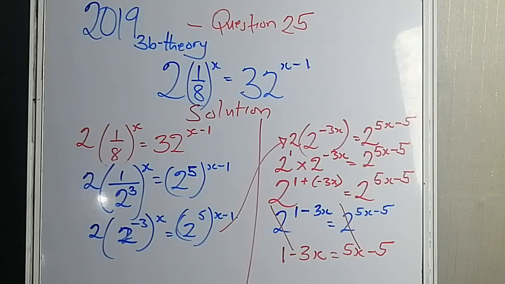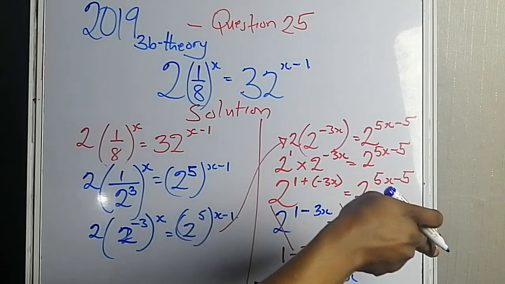And I've told you, when a negative is crossing the equal sign to the other side, like this minus 5 crossing the equal sign to the left hand side, it will change to positive. So this implies 1 plus 5 equals 5x minus 3x is also crossing the equal sign.